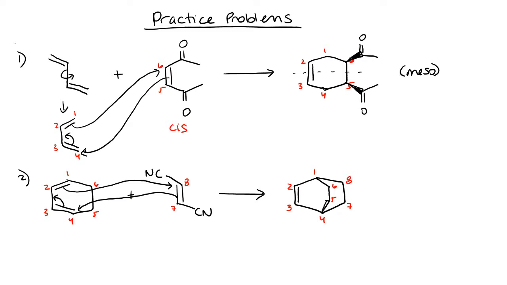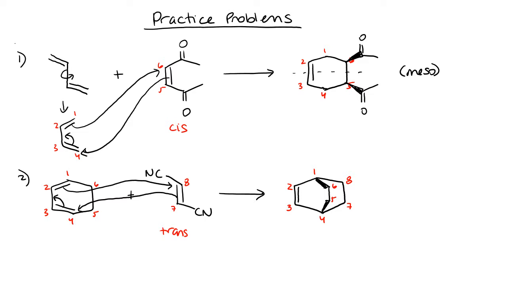Now I'll give this 3 dimensions by drawing wedges. So we have a 2-carbon bridge here. So now for our electron withdrawing groups, we started out in the trans configuration. So we will have one of the groups be in the endo position and one be in the exo position.